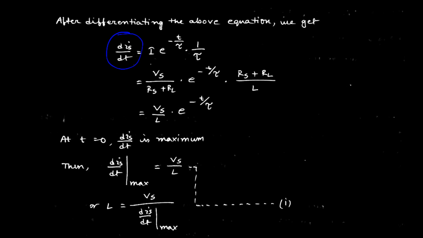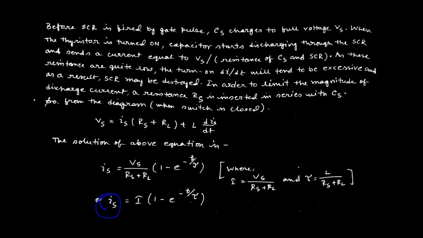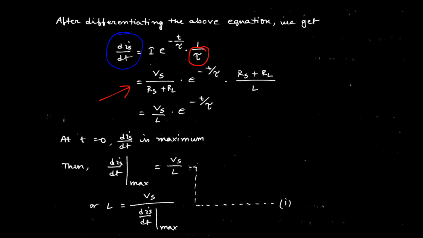After simplification, we have Vs by (Rs plus RL) into e to the power minus t by tau into (Rs plus RL) by L. Just as we assumed before, tau equals L by (Rs plus RL), and we put in this value of tau. So we can rewrite the expression as Vs by L into e to the power minus t by tau.